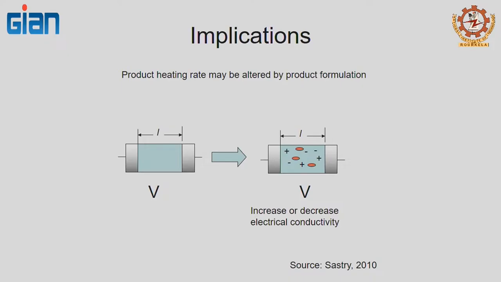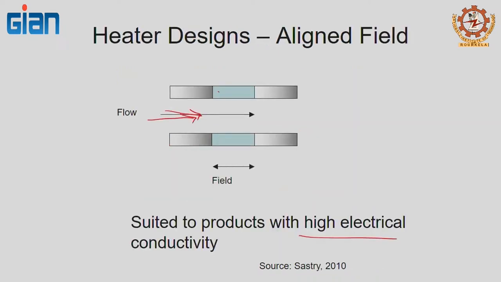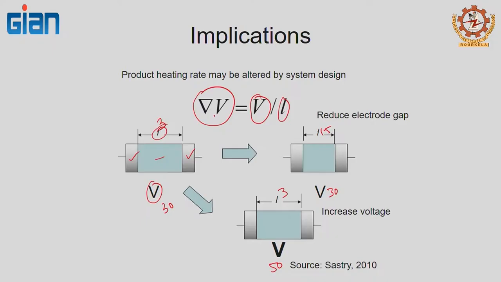The other thing you can do is alter the electrical conductivity of your material. By altering the electrical conductivity, you can change your properties so that you get the appropriate heating rate. In all these cases, you are trying to have a certain voltage gradient in the ohmic heater, so that you achieve certain heating rates.